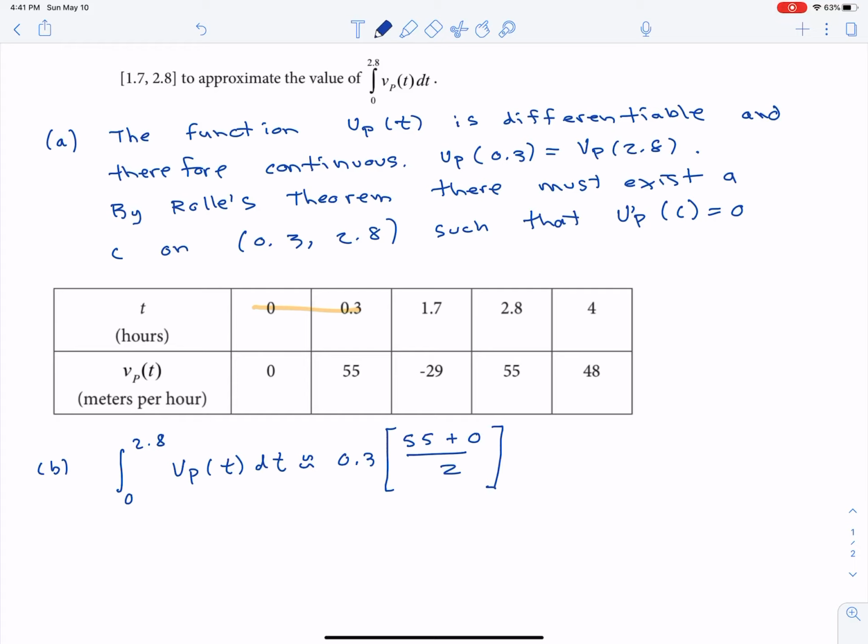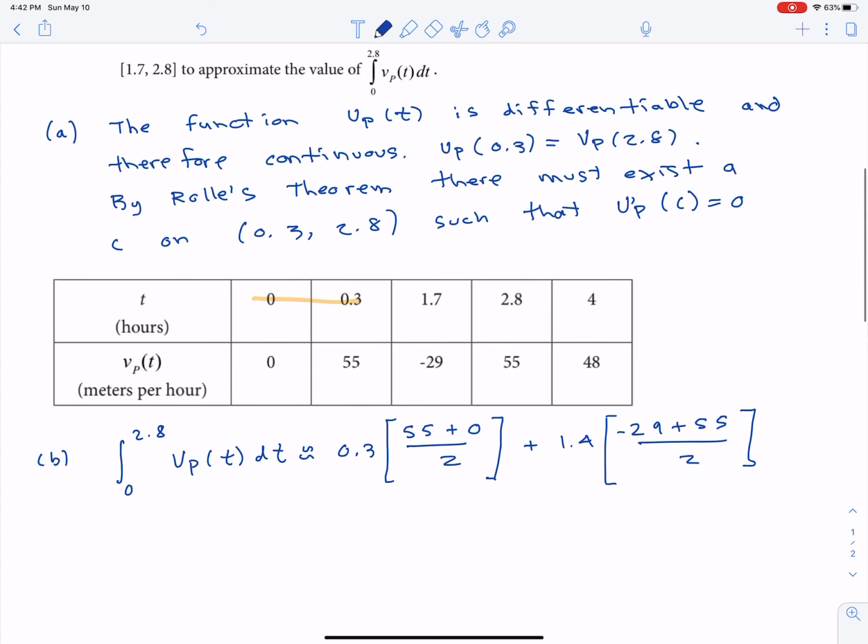Then I'm going to do the next one, going from 1.7 to 0.3, which is 1.4. So 1.4 times the average of the heights, which is negative 29 plus 55 divided by 2.